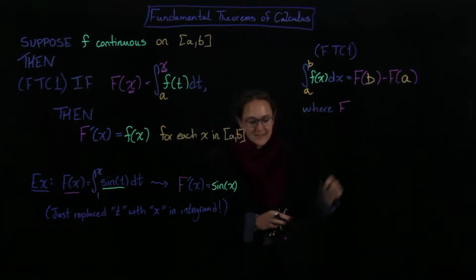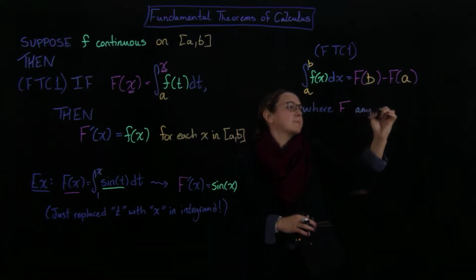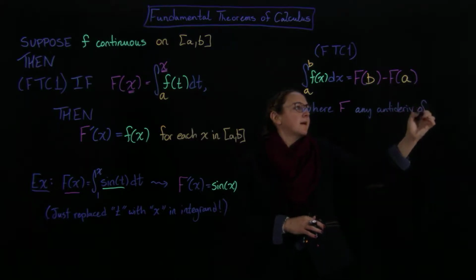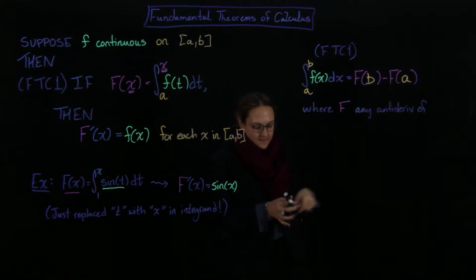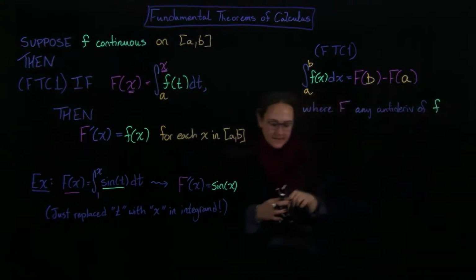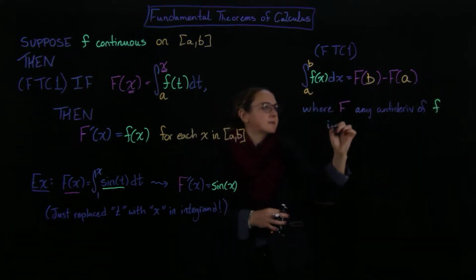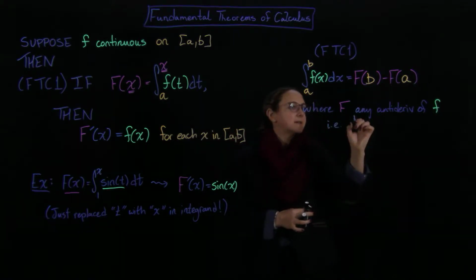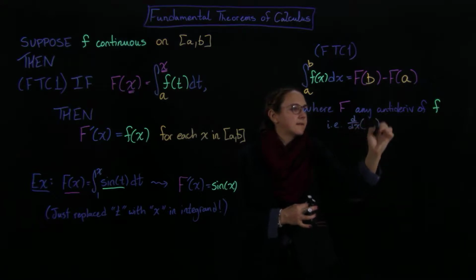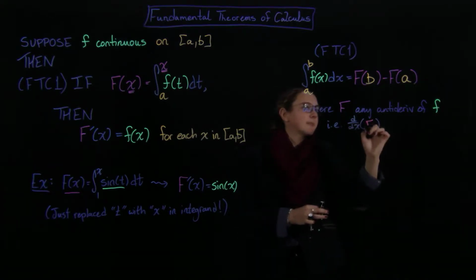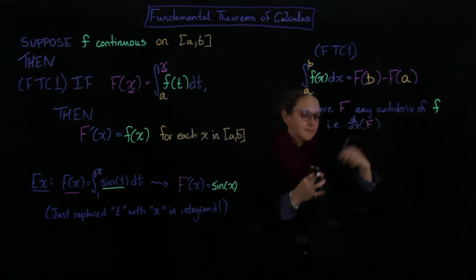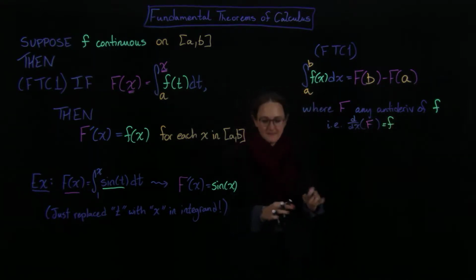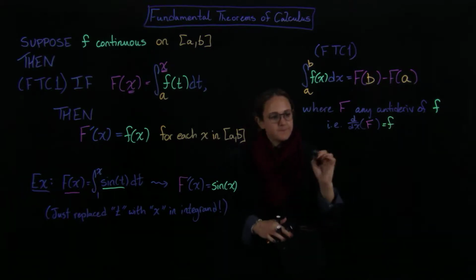Where F is any antiderivative of little f, i.e., if I take the derivative with respect to x of F, I'm going to get little f. Okay, great. So let's look at an example of this one.